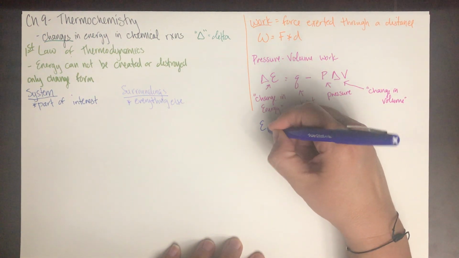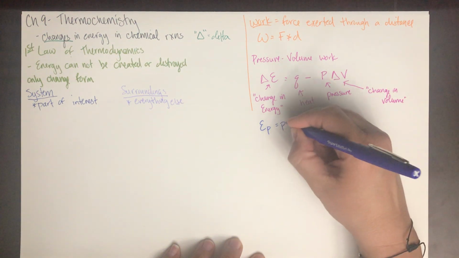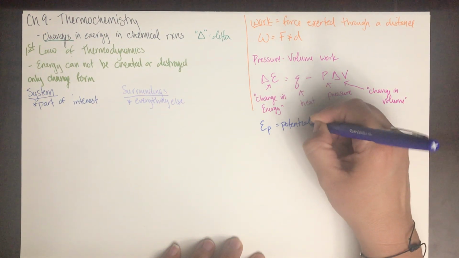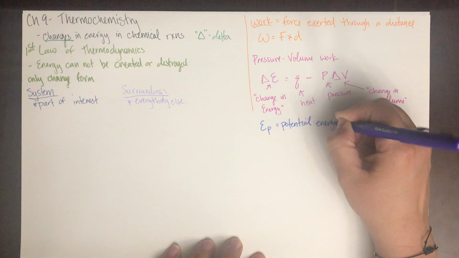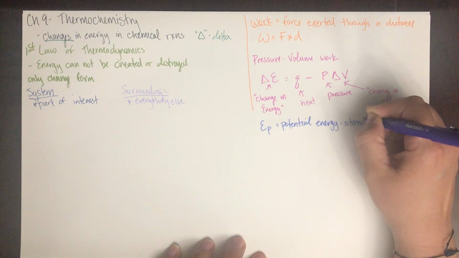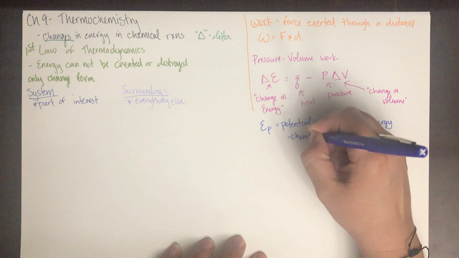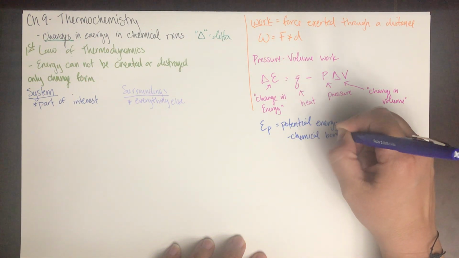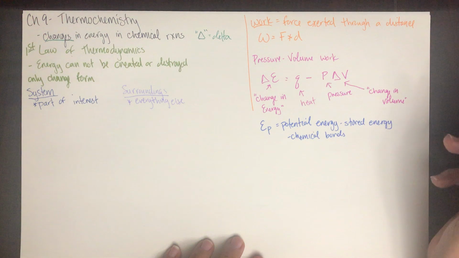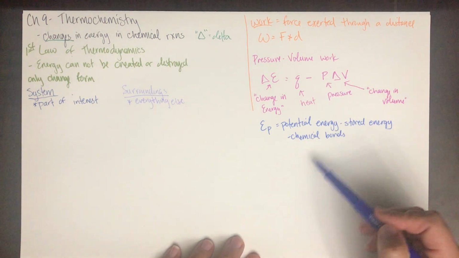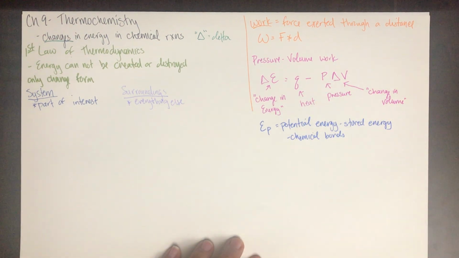We would abbreviate that E sub P. We'd call that potential energy. This is stored energy. This is the energy in chemical bonds. That's one example of potential energy. Sometimes we'll talk about chemical energy. Chemical energy would be potential energy.